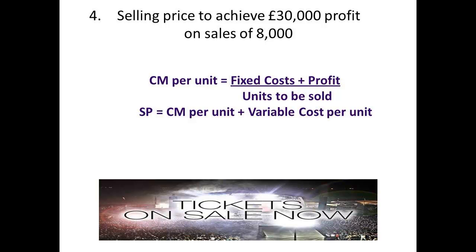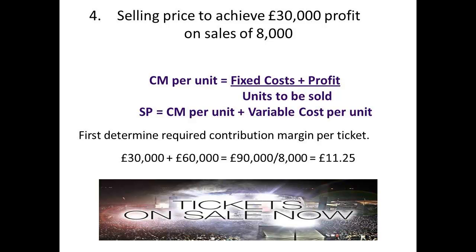Now suppose we wish to work out how much we need to charge for a ticket if we want a profit of £30,000 from sales of only 8,000 tickets. The contribution margin per unit equals fixed costs plus profit divided by the number of units sold. The sales price will be the contribution margin per unit plus the variable costs per unit.